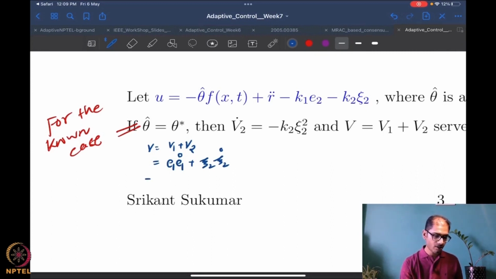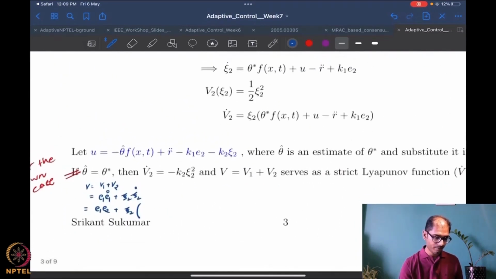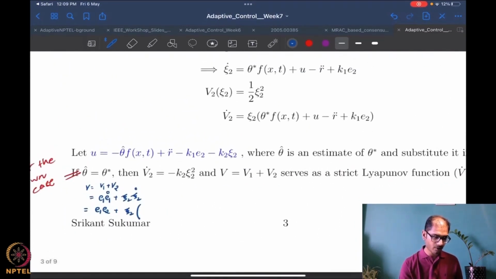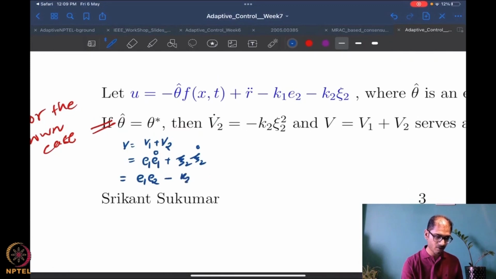So E1 dot is E2, and psi2 dot is what? We just did this. Psi2 dot is exactly this guy, minus K2 psi2 squared. As of now, there is no definiteness here.